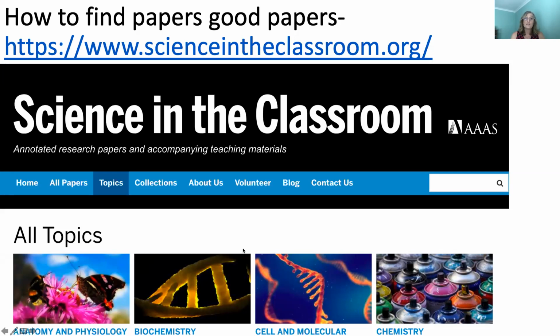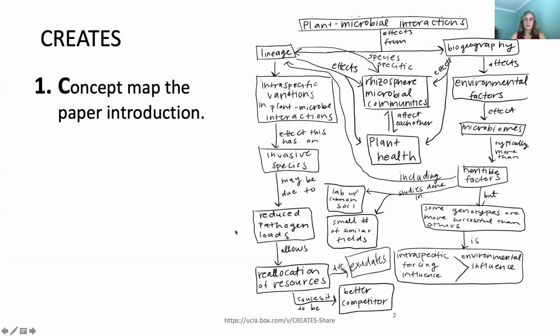All right, let's circle back to concept mapping. What the students would be doing here in concept mapping is reading the science news articles and the introduction of the article itself, and starting to put together an idea about what all of it means.